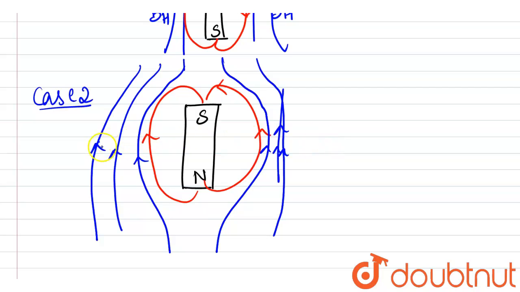Therefore here, since the field lines are all in the same direction, we are going to get neutral points along the equatorial position. One neutral point will be above, another neutral point is going to be below, because this north and the below north, the repulsive forces tend to cancel out each other below, and this south and the above south, repulsive forces, they tend to cancel out on the given equatorial line.